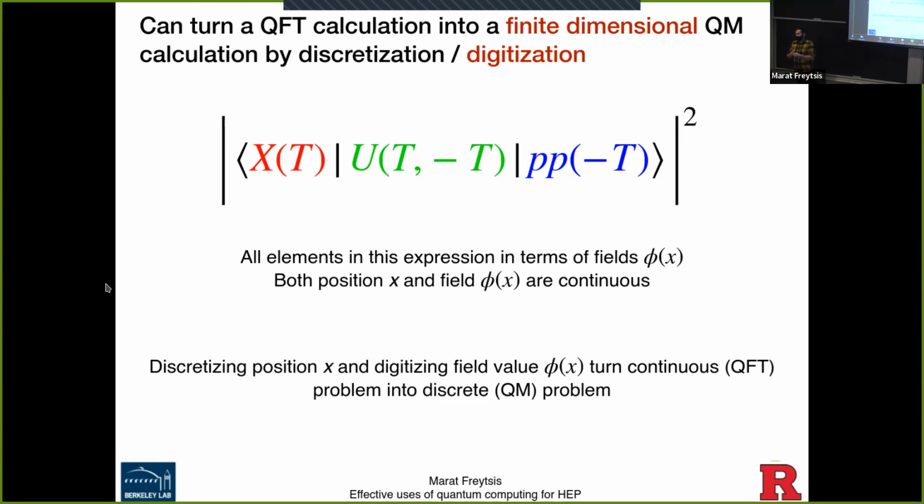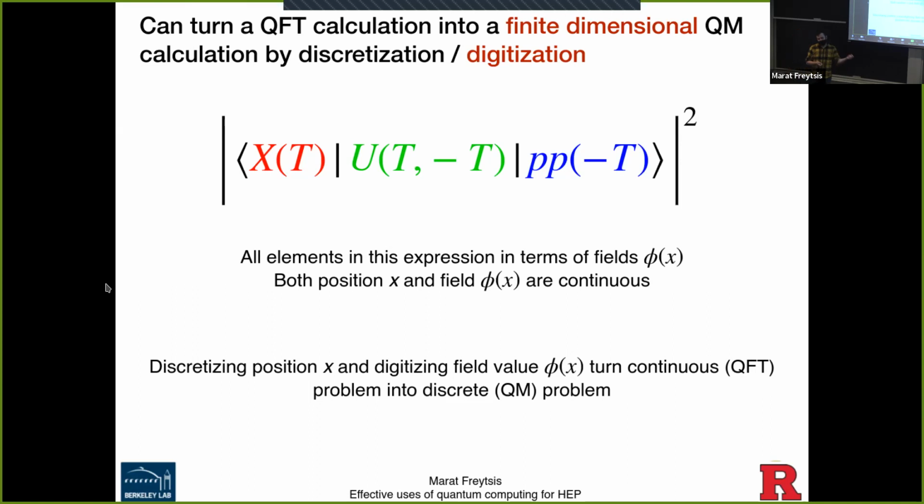And so that's going to require both taking your fields and digitizing space in some way. But then on top of that, as long as you have bosonic fields at every single point in space-time, you're discretizing space. I'm going to try and be careful about this distinction. But of course, if you have bosonic fields at every single point in space, you still end up with an infinite dimensional Hilbert space.